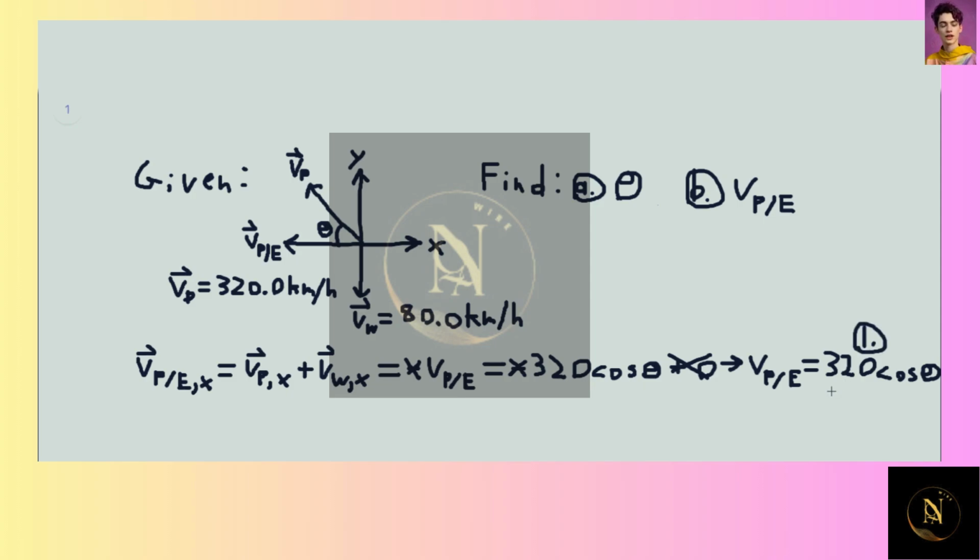Okay. Now we can use another equation if we look at the y component. So look at the y component of the velocity of the plane relative to the Earth. It's going to be the same formula, but we have y components now.